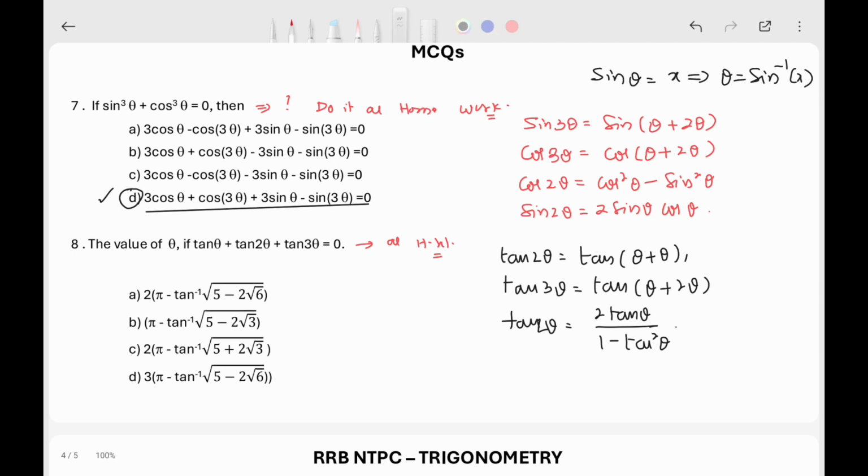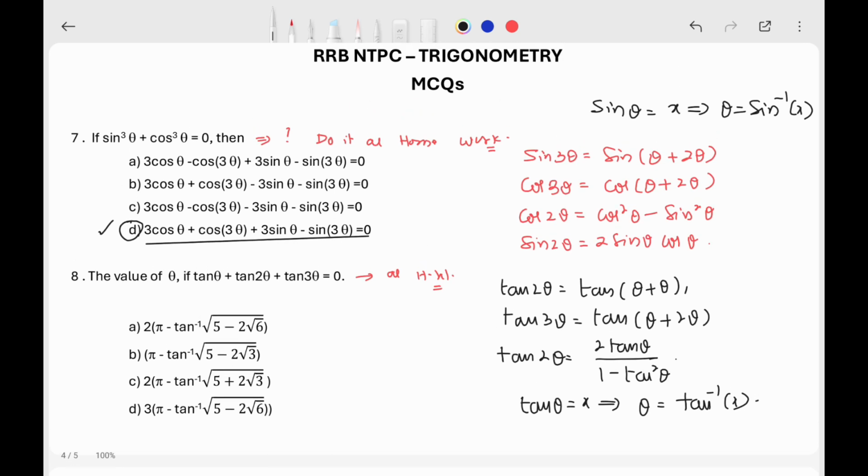Use this tan 2 theta, and find out: if tan theta is equal to some x, implies theta is equal to tan inverse x. Use these concepts and try to find the value of theta.